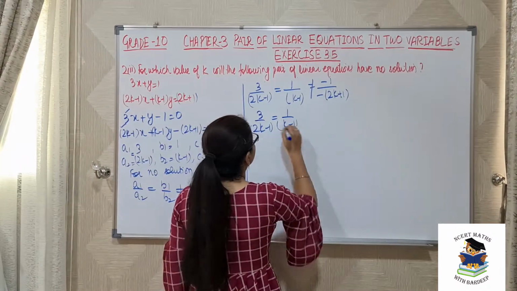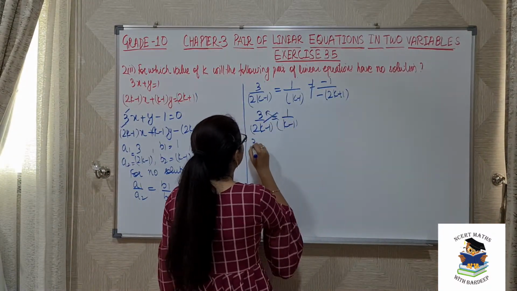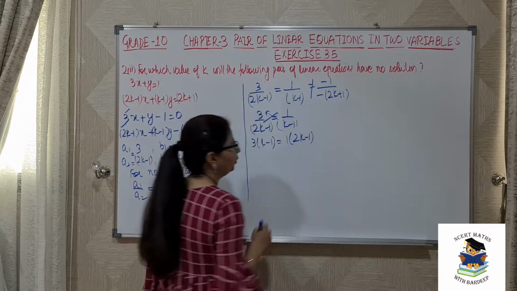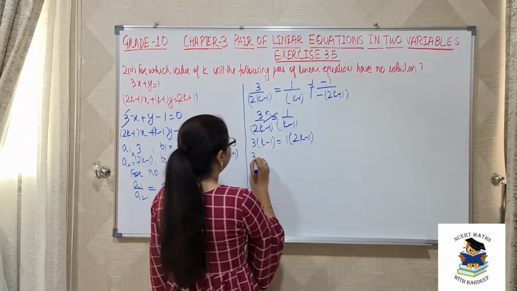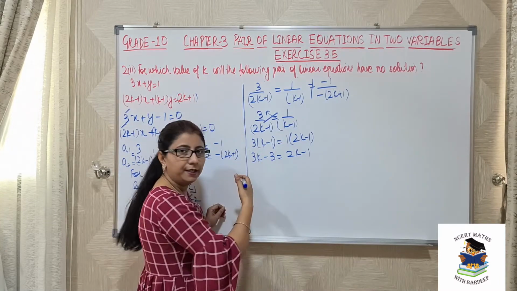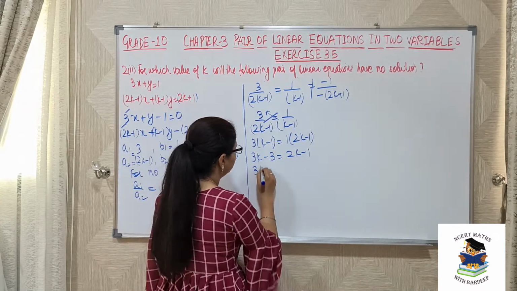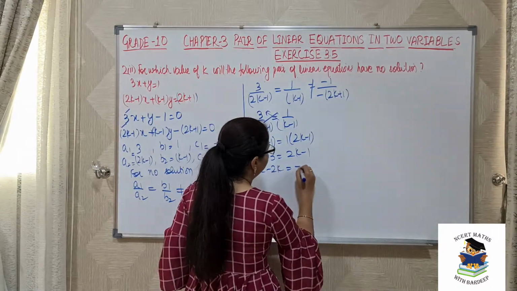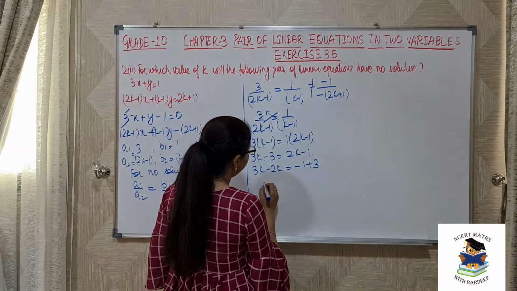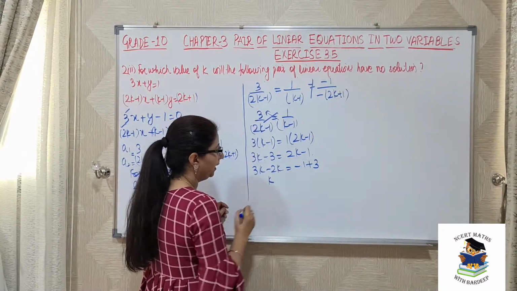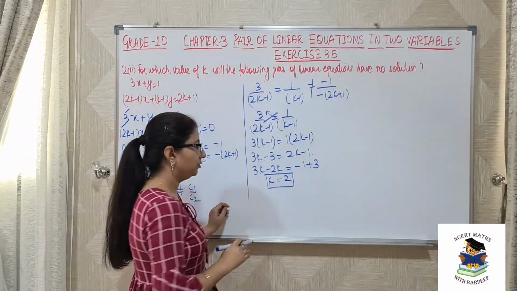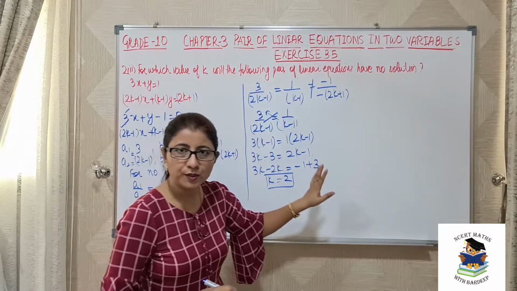Now cross multiply these. So this is 3 times k minus 1 is equal to 1 times 2k minus 1. So open the bracket, this is 3k minus 3 equals 2k minus 1. Shift the k term to one side and constants to the other. So minus 2k here, minus 1 is already here, this minus 3 will become plus 3. So 3k minus 2k is equal to k, and minus 1 plus 3 is equal to 2.